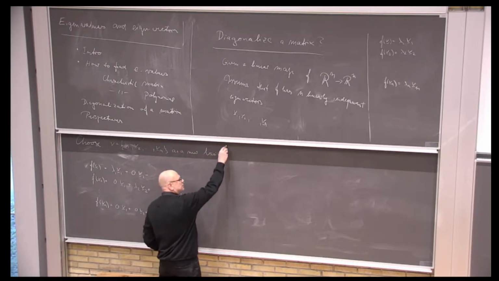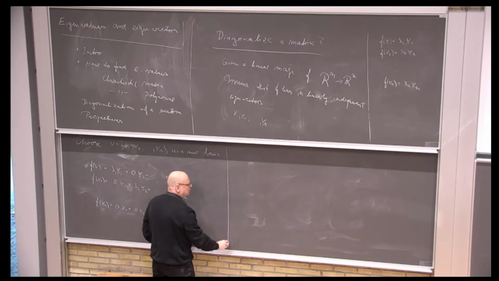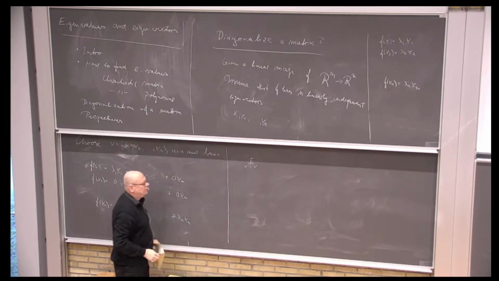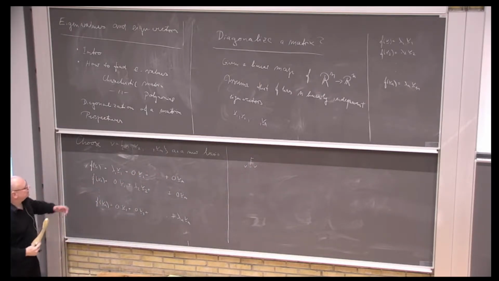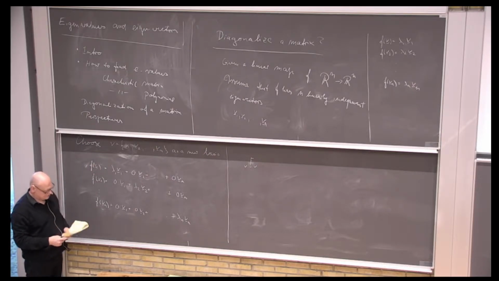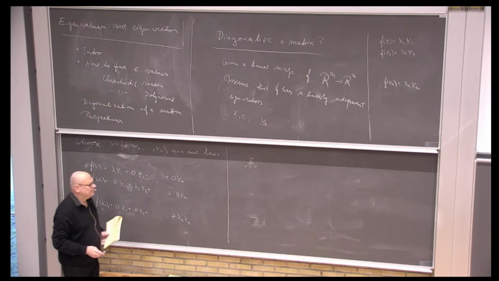On the basis of this, I can immediately write down the mapping matrix where I use this eigenbasis, V, as basis vectors.